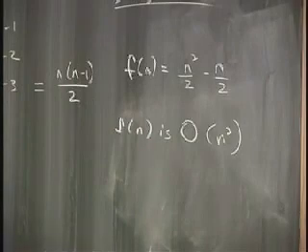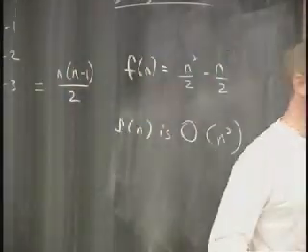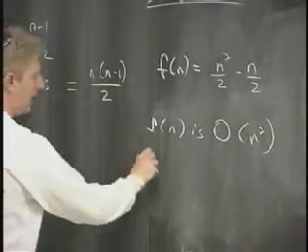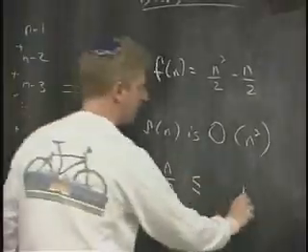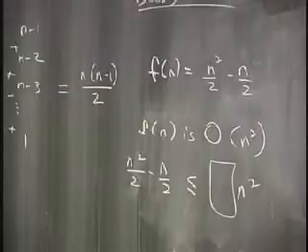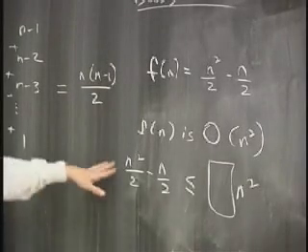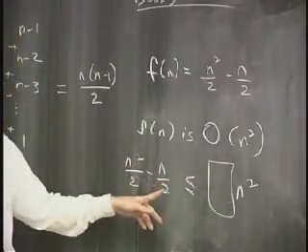According to the definition, the way to do this is you have to find a constant so that the function you're interested in is smaller than that constant times n squared. You want to show that n squared over 2 minus n over 2 is smaller than or equal to some constant times n squared. What constant can I use to get this to work? 1. Right? This is always less than n squared, because this is half of n squared, and this takes away things from it.